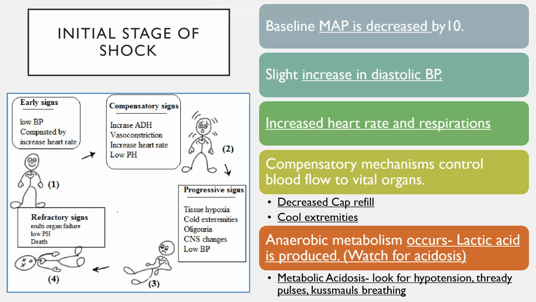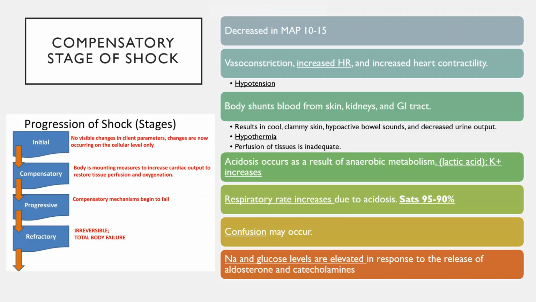Your body's going to say, I need more oxygen to my tissues. Unfortunately, it can't get there. Compensatory mechanisms control blood flow to the vital organs. You're going to see decreased cap refill, cool extremities. And then anaerobic metabolism. So lactic acid is produced. You're going to monitor for metabolic acidosis. So you look for hypotension, thready pulses, and the Kussmaul's breathing.